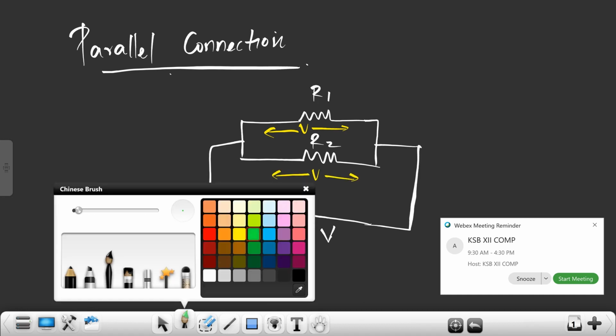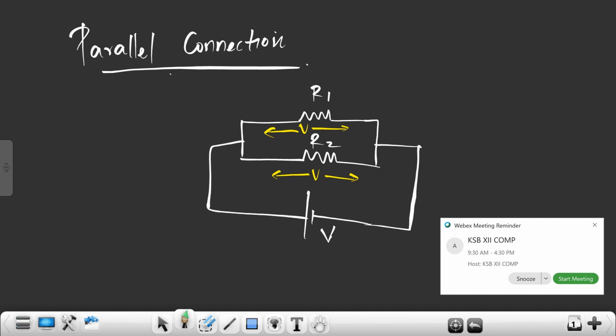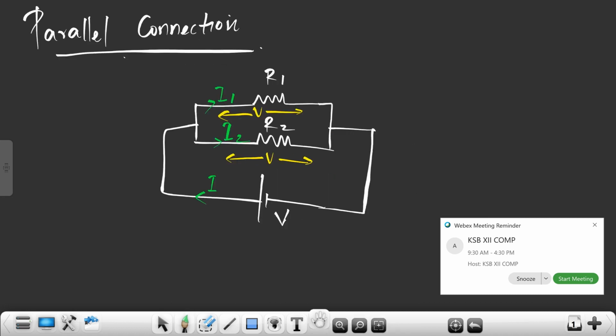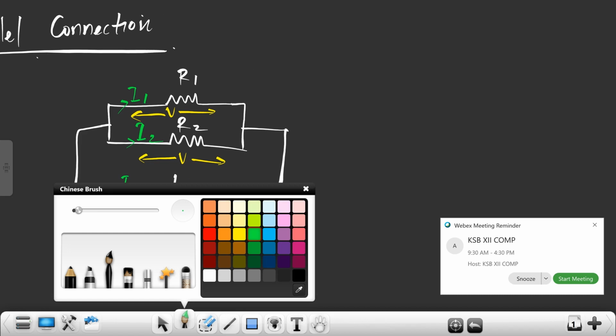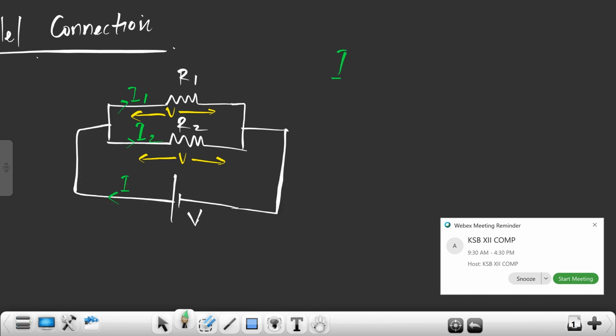Then what about the current? The current passing through the cell, the total circuit current, is I, and passing through R1 is I1 and through R2 is I2. So we know the total current I is divided into I1 and I2. So the total current I is equal to I1 plus I2.